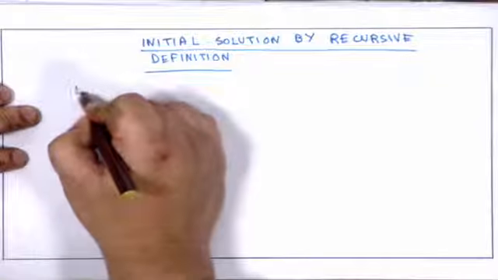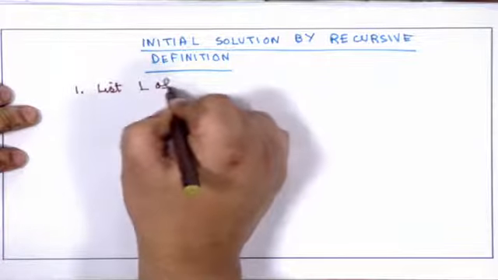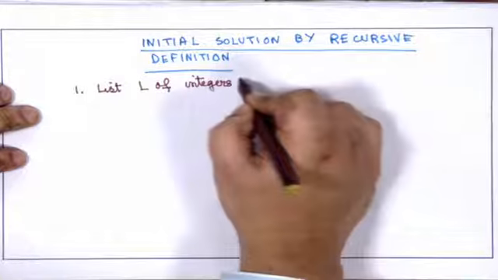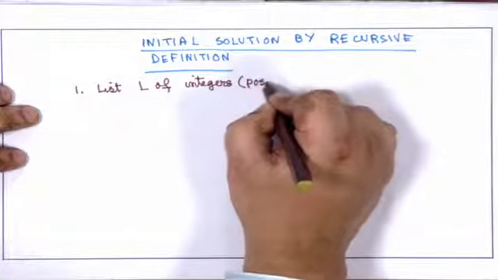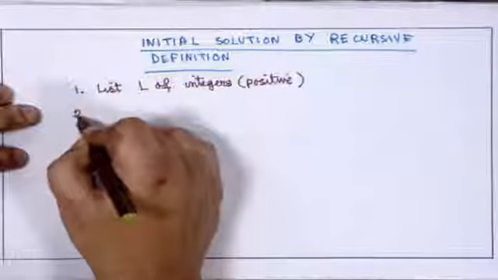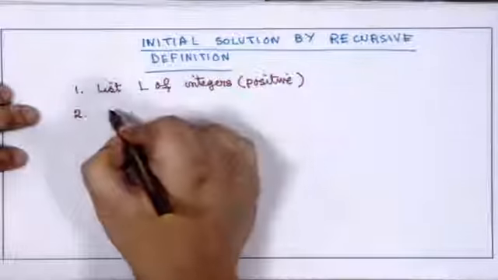Our input is a list L of integers. Let us assume they are all positive integers for the time being. When we do recursion, what do we do?